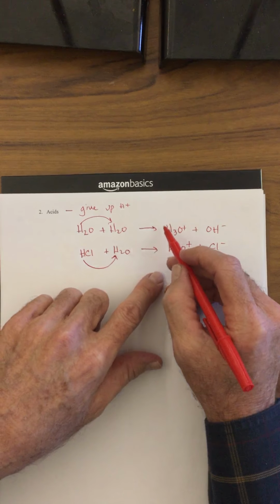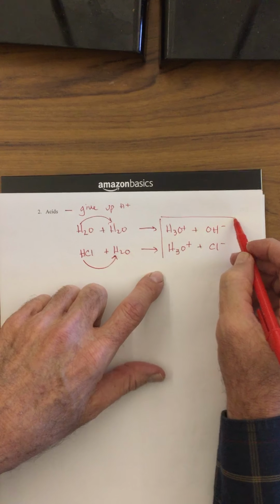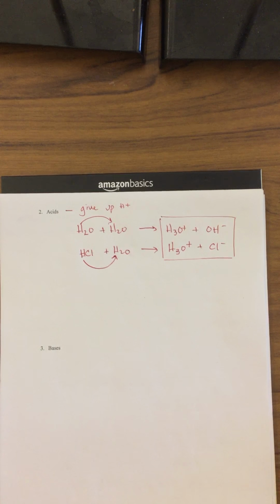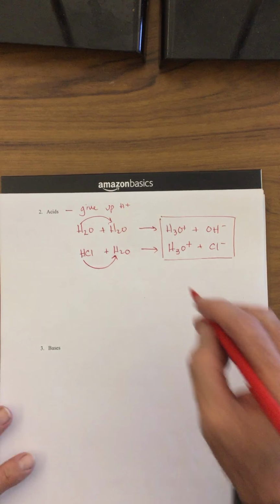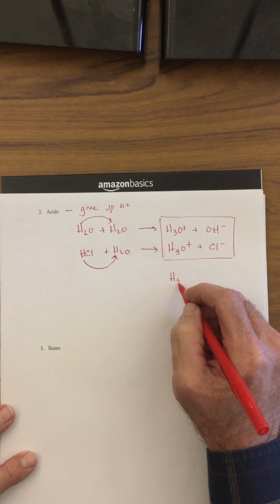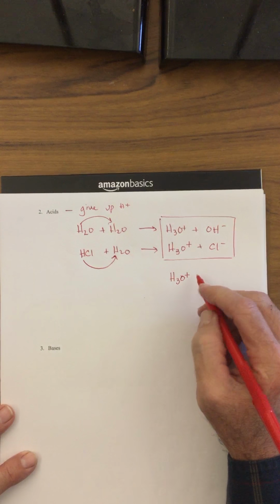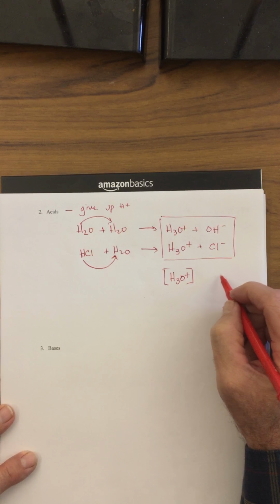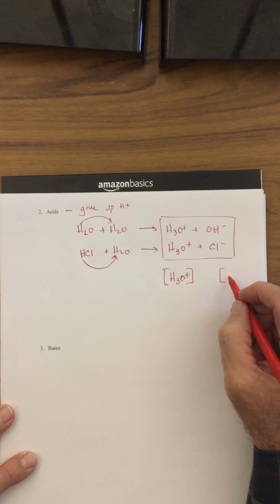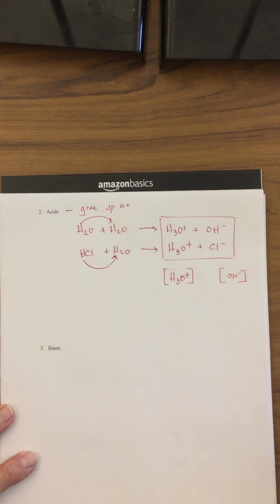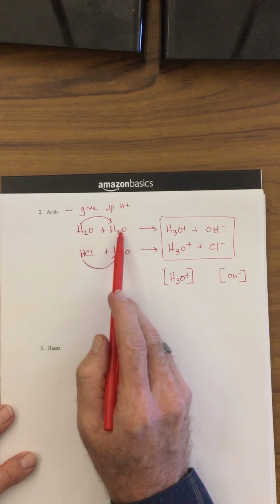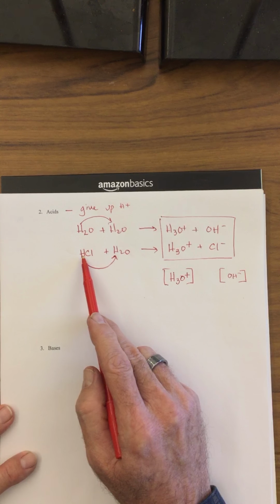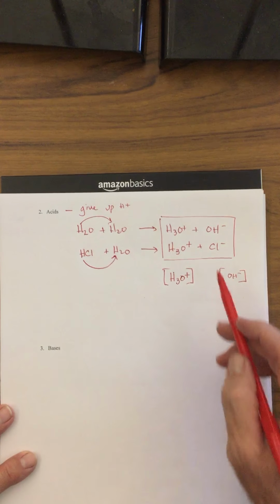So let's take a look at this box over here. This is the end product of what we have now. We want to compare the concentration of H3O plus to OH minus. So here's just water, okay? And here is when we add hydrochloric acid. What do we get more of?